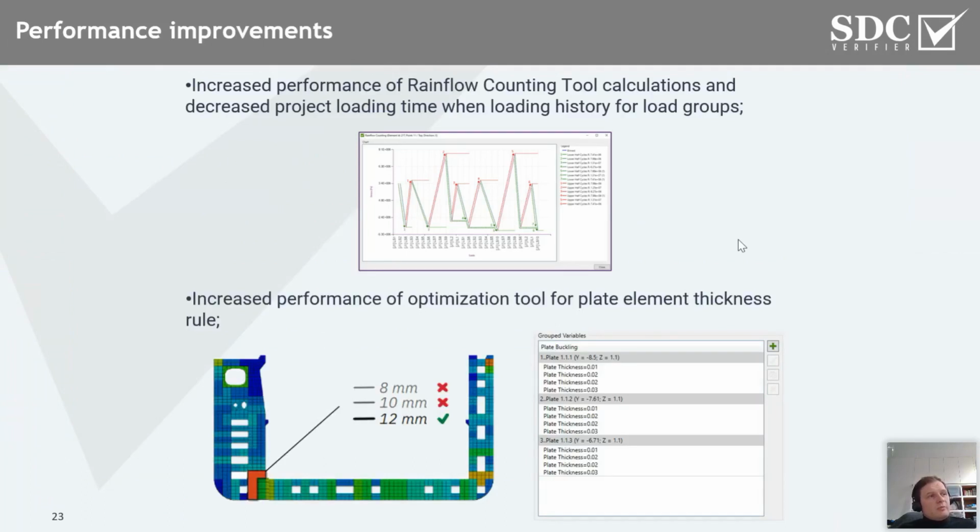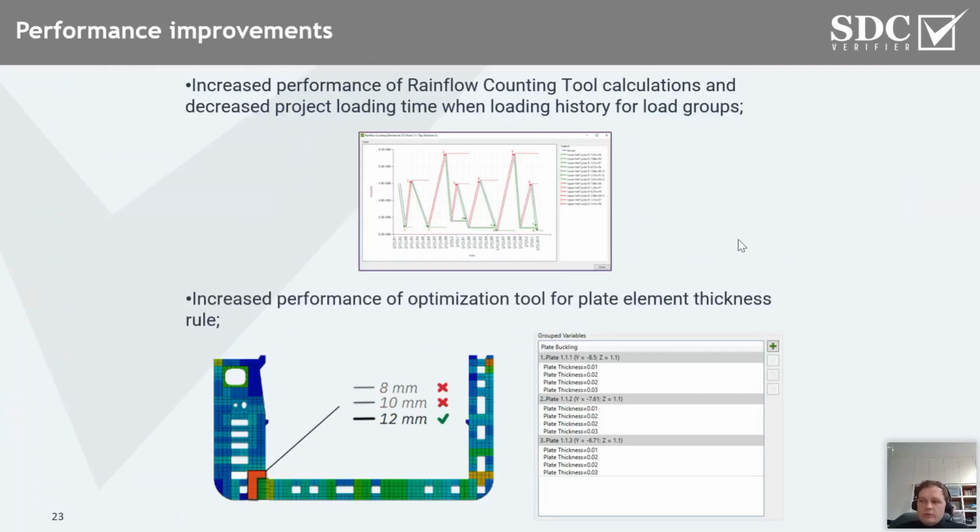Also, performance of the optimization tool has been improved and increased. So now the optimization is calculating much faster, especially for the plate element thickness rule. So when you're defining the elements to optimize the plate thickness, SDC Verifier is now going to do this much faster. To those who haven't used SDC Verifier's optimization tool yet, I strongly encourage you to try, because this is a big time saver after the analysis is done.